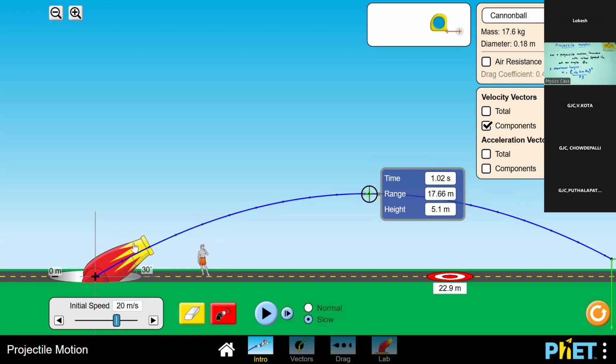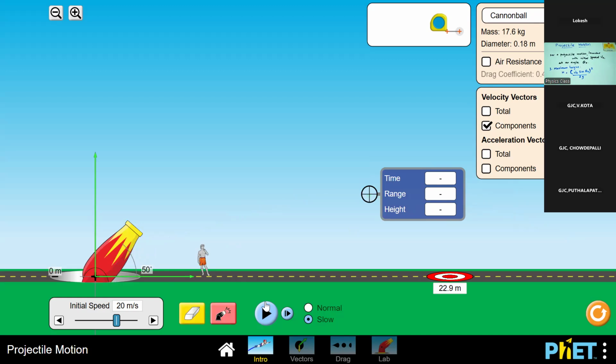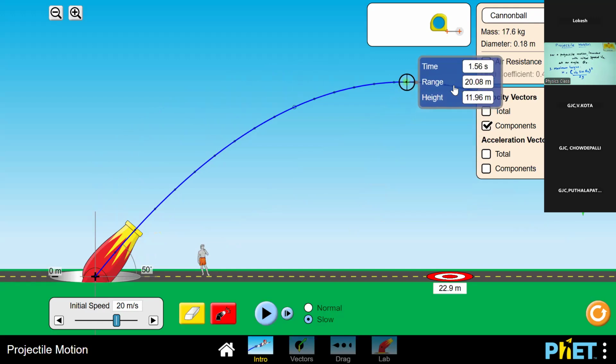And you can change the angle like that. So now just click that. Now just look at the height, 11.96 meters, because the angle changes.